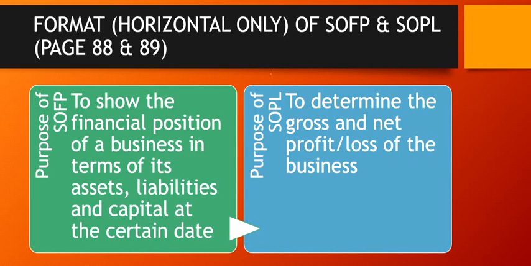So the purpose of statement of financial position is to show the financial position of a business in terms of its assets, liabilities and capital at a certain date. That is the purpose of SOFP. Whereas the purpose of SOPL is to determine the gross and net profit or loss of the business. Nama pun statement of profit and loss. So kita nak tahu profit and loss of the business. Right? So that's all for chapter 3.